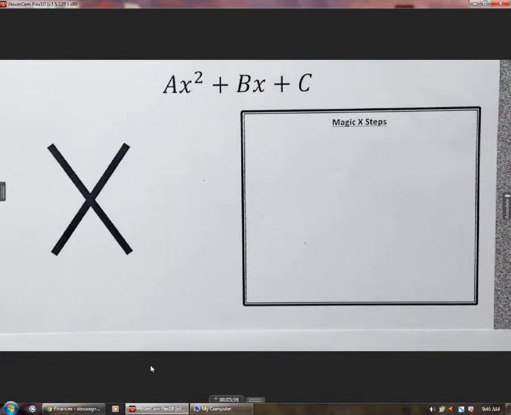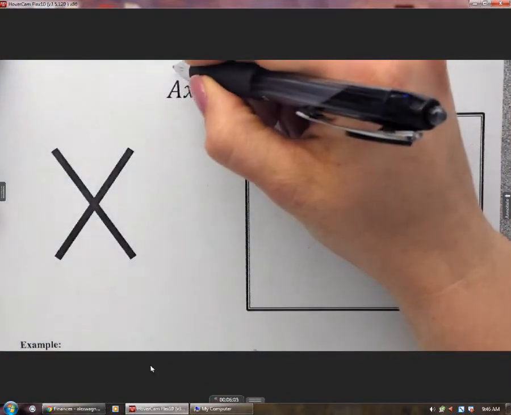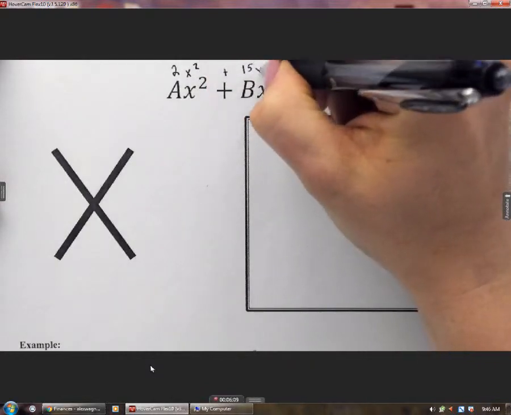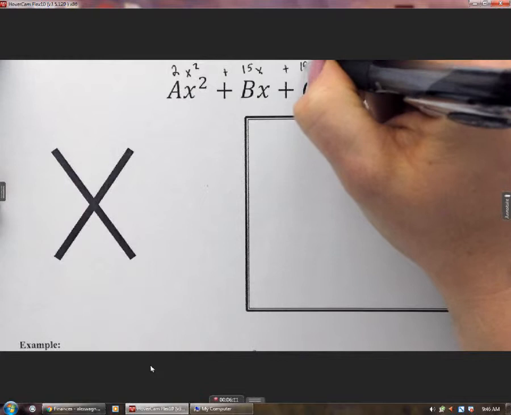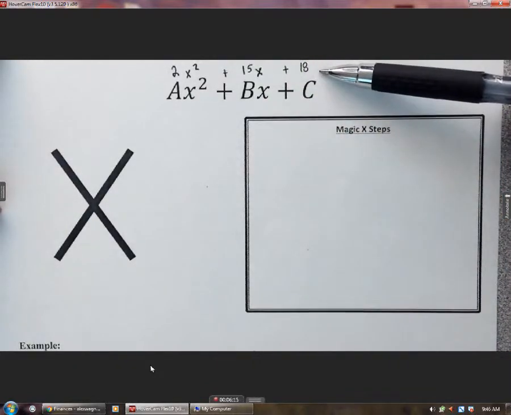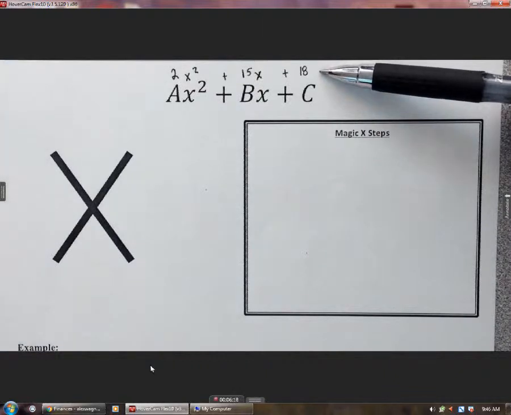I'm going to explain what to do with an actual example problem. The first example that I listed is 2x squared plus 15x plus 18. Why would I line it up like this? Because it matches the parts below it.